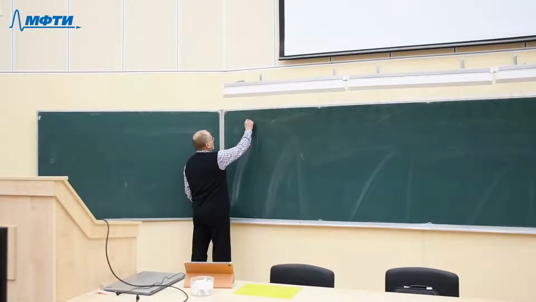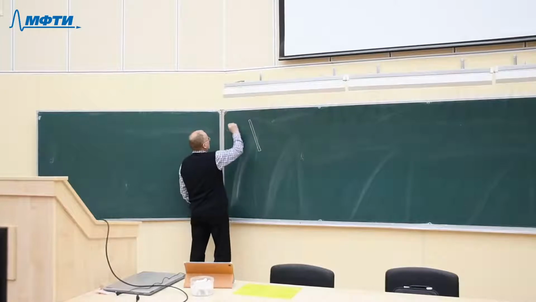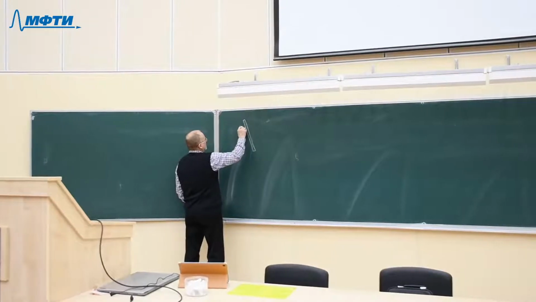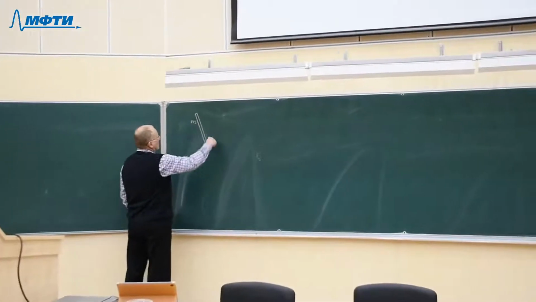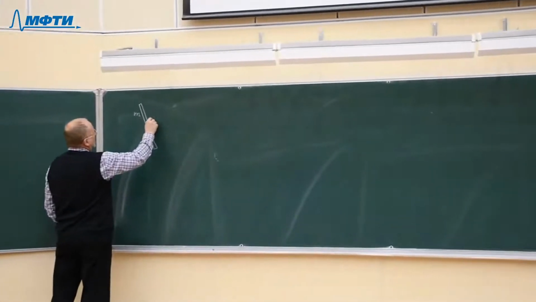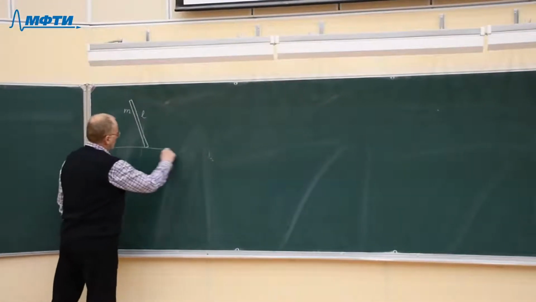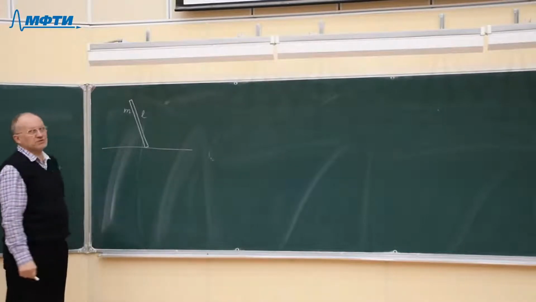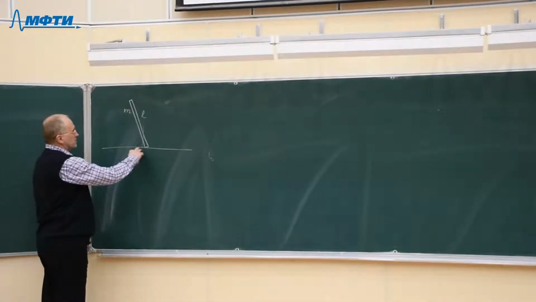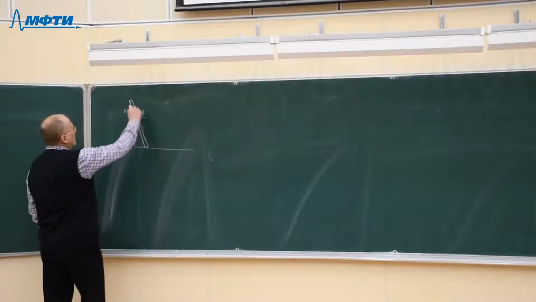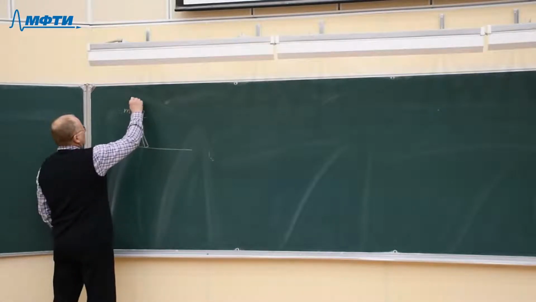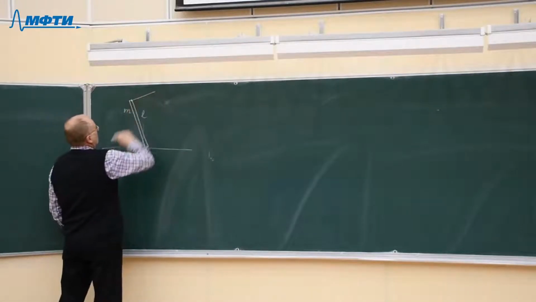A long bar of given mass m and given length L stands on a rough surface so that there is no slipping, and it's held by a string.